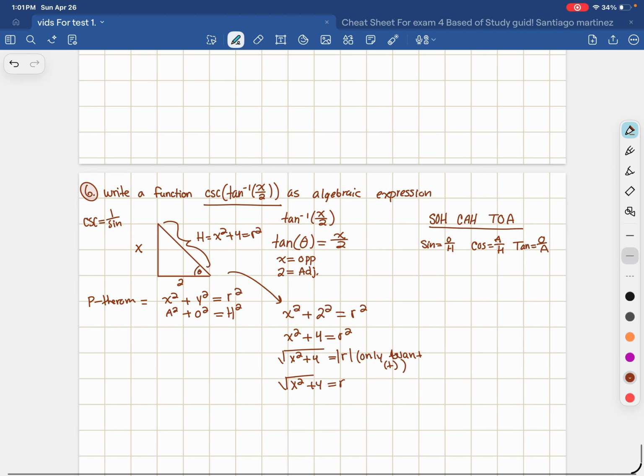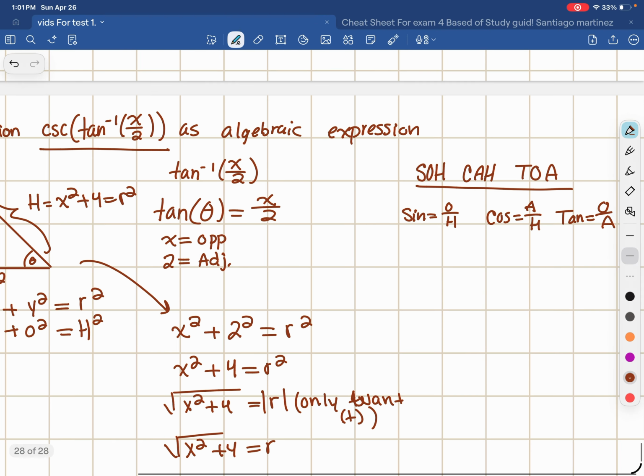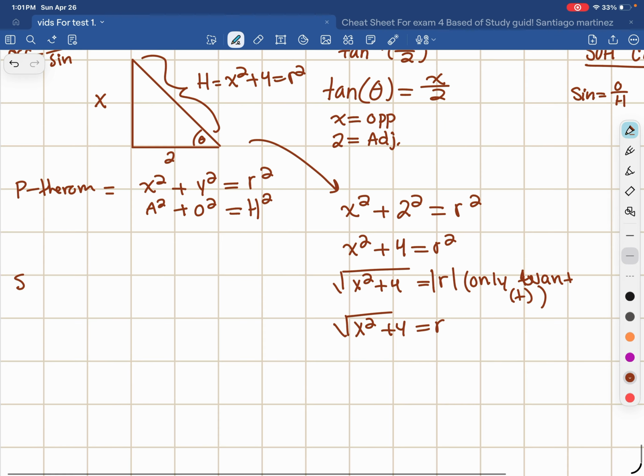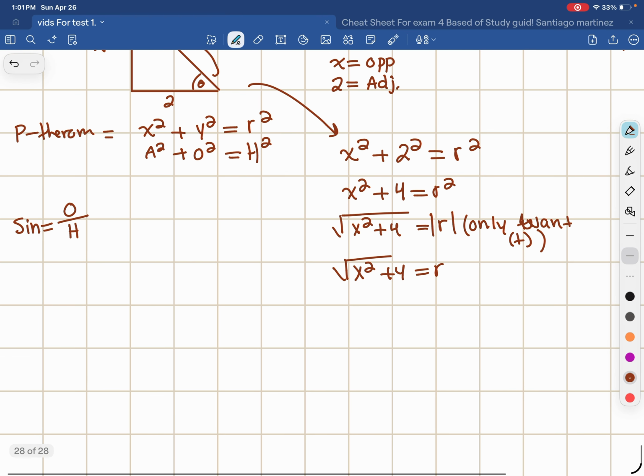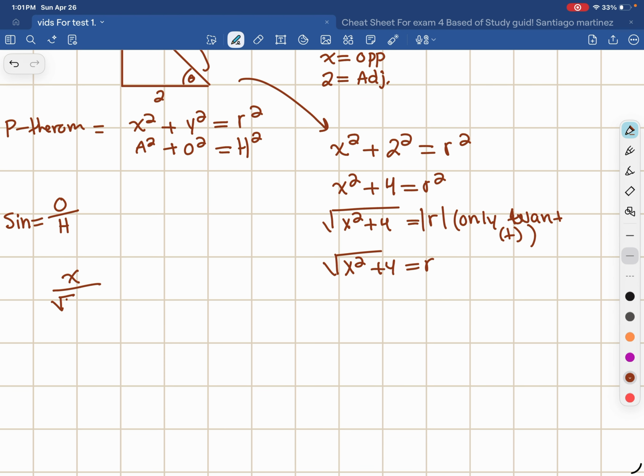Pretty nice stuff there. To figure out the rest of our function, we need sine. We know that sine is equal to opposite over hypotenuse, so we have x over the square root of x squared plus 4.